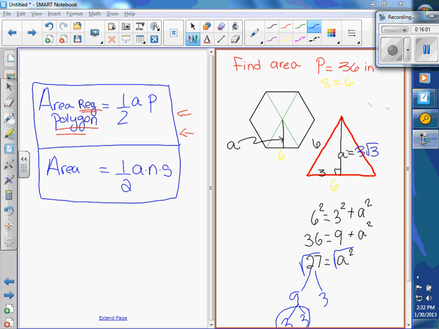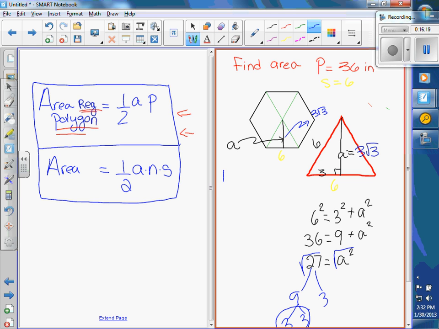Okay? So with that, can you find the area of the red triangle? Yes. So you could choose to do one triangle and times it by 6, or you can now say that you know this is 3 root 3, this being the apothem, and use the formula. Your choice.